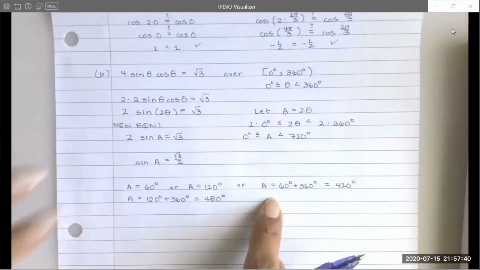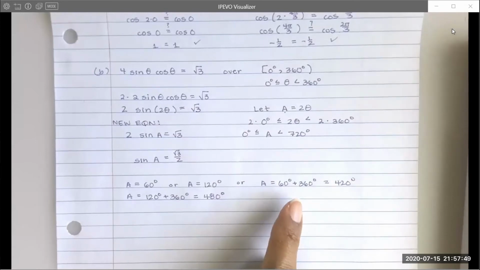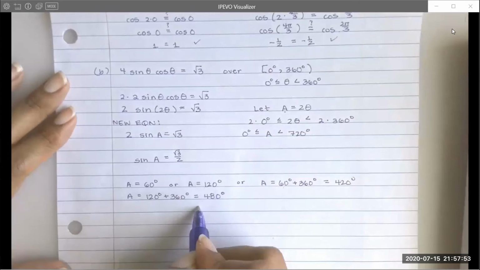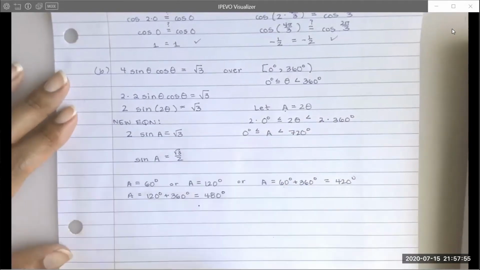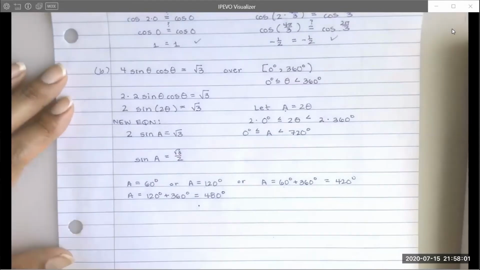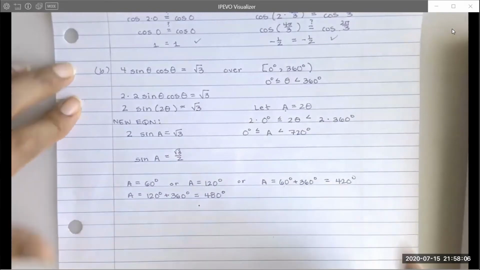Okay, but our original problem was not in terms of A. It was in terms of theta. So for each of these answers that we got, which are 4 of them, we have to replace what A is representing, which is this 2 theta. So I want to rewrite this vertically, that way I can write the answer for theta right next to it.